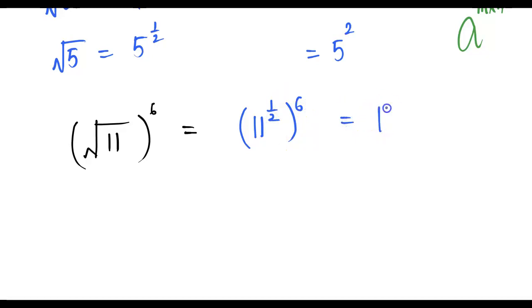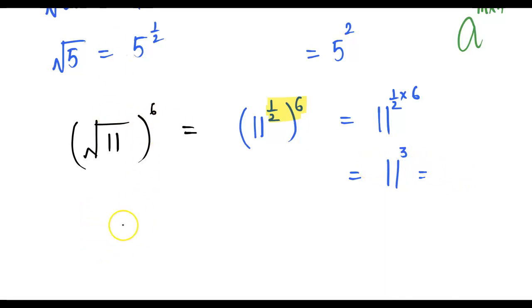That could be written as 11 to the power half times 6. Why are we multiplying indices? Because we have indices multiplied by indices. Now it's going to be 11 to the power 3. You can simplify it like 11 cubed.